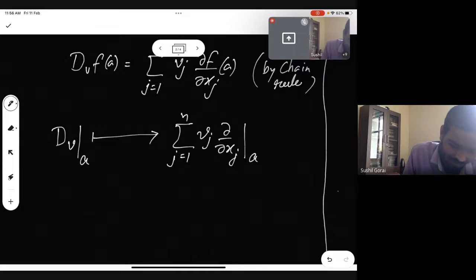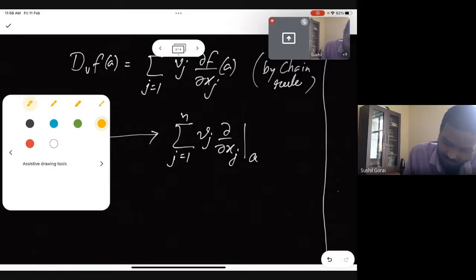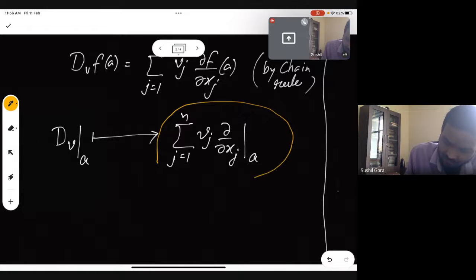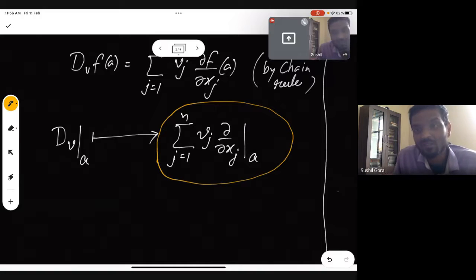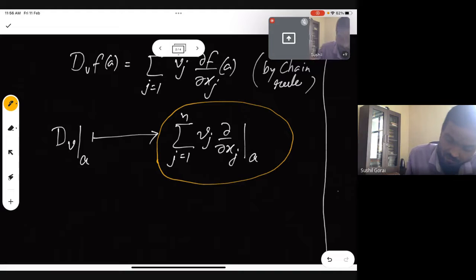Now this is something important. This notion is very important. This notion you might not have seen yet. In analysis 3 course, of course, you have not seen.